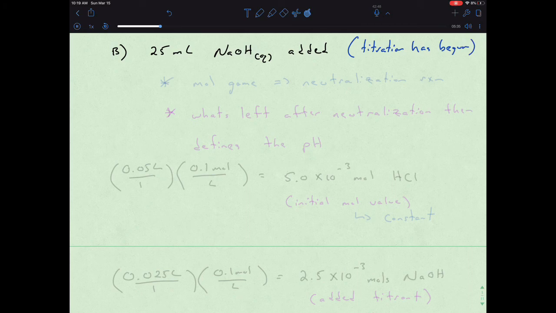And as soon as the titration begins, this is a mole game, and we have to look at the neutralization reaction. What's left after neutralization then defines the pH.